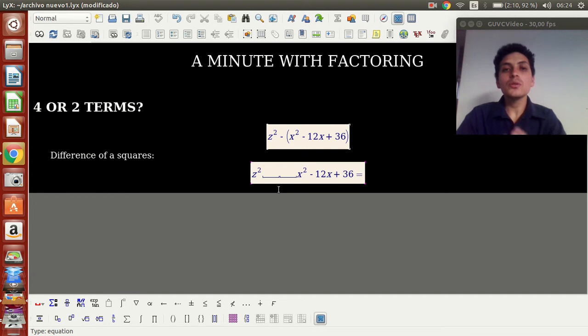So how could you know if it is a square? You have here 3 terms, so the only way to check is if it is a perfect square trinomial.